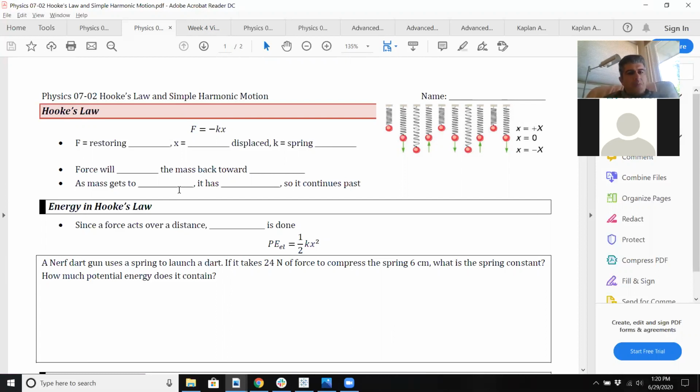So, Hooke's law is right here. This should be under the week 5 problem sets, I believe. So 7.2 on Hooke's law. This is a formula that we use. F is called the restoring force. X is going to be the distance the spring goes back.